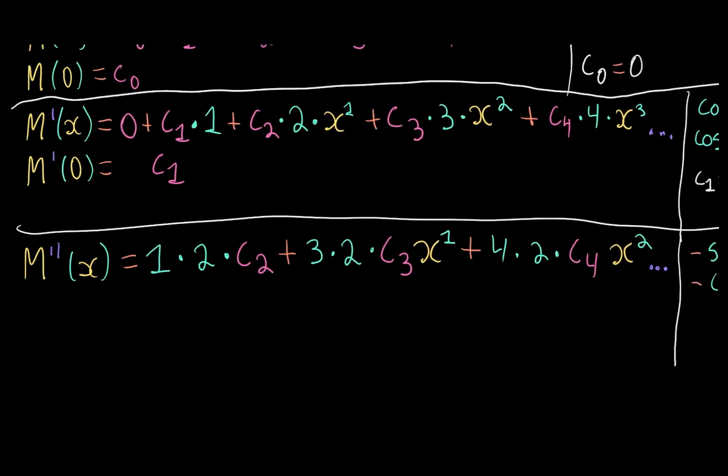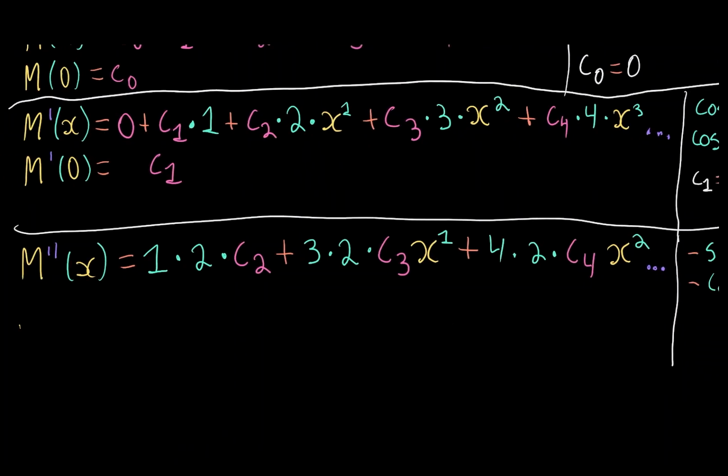So now let's go to the next step in our little routine here, m double prime of 0. All the rest collapses because everything is times 0. I love polynomials. This just becomes 1 times 2, 2.